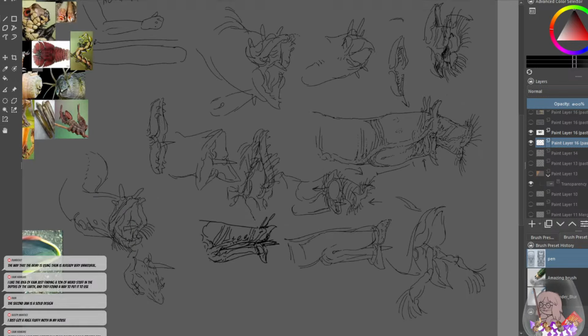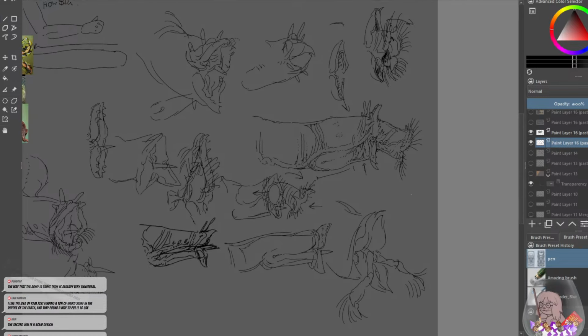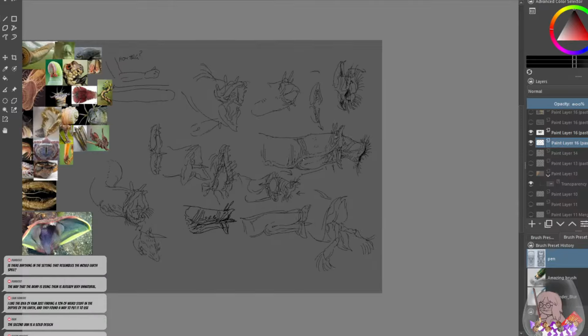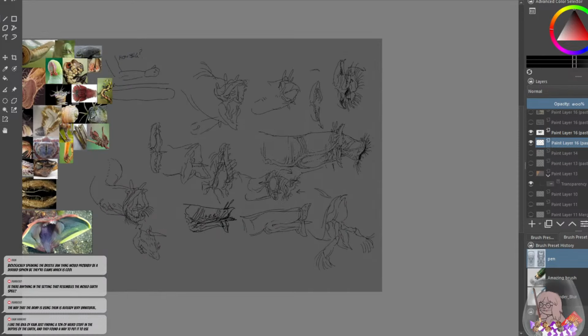Yep. Yeah, I think that works. Now we just have to figure out how this fits to the rest of the body.